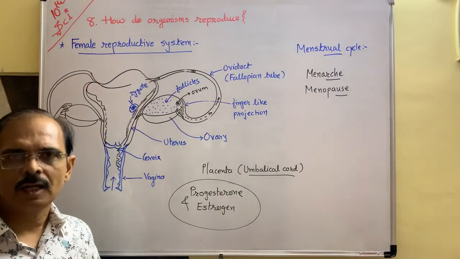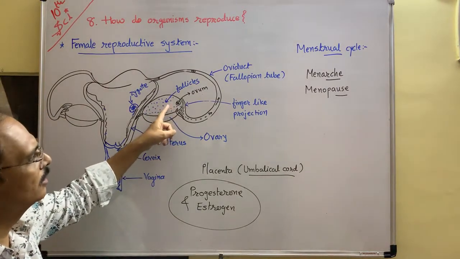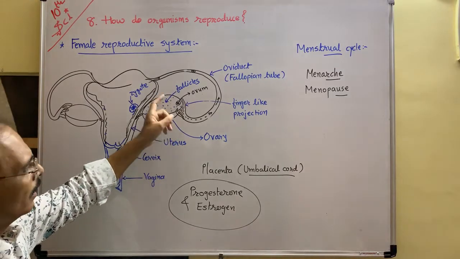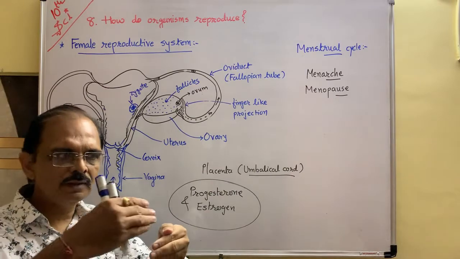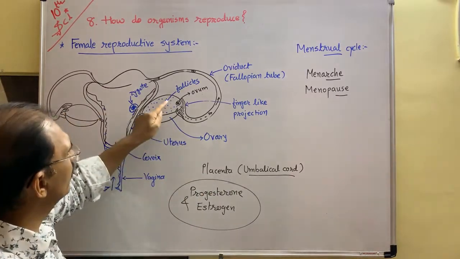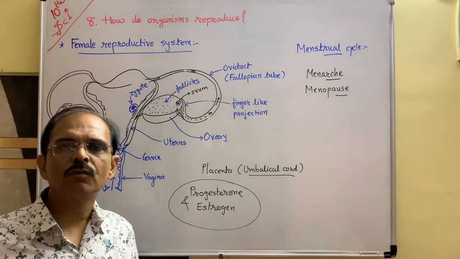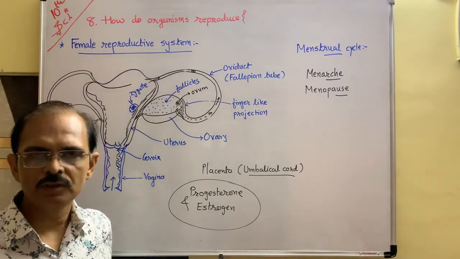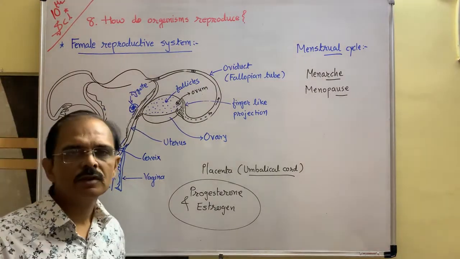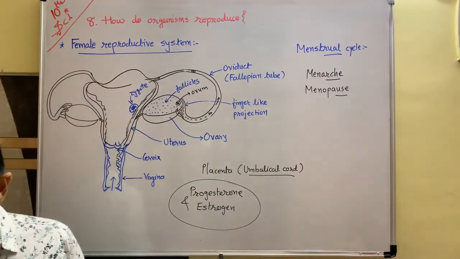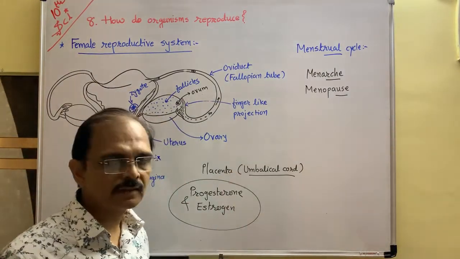After that, the formation of a new ovum starts in the ovary. After the end of menstruation, after another 5 days, once again an ovum comes and enters the oviduct to wait for the sperm. This is the mechanism of the female reproductive system, and what happens when the egg is not fertilized, which is the menstrual cycle.